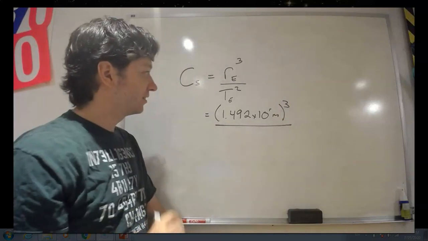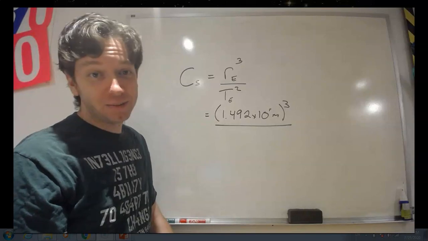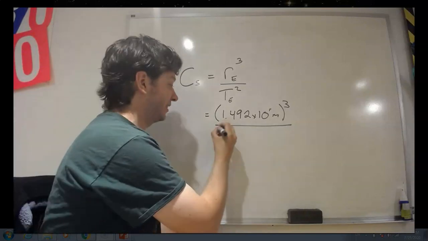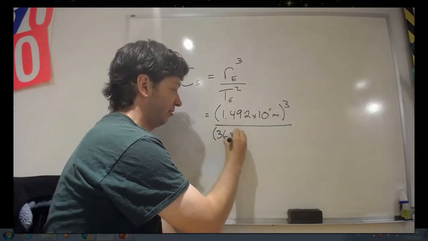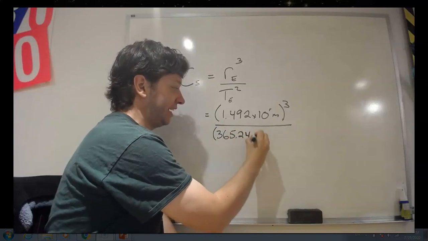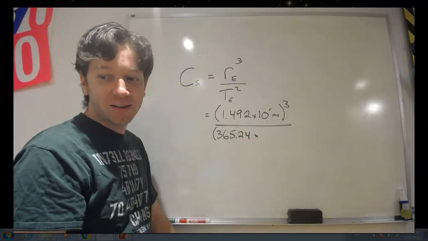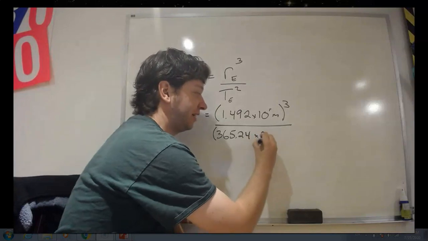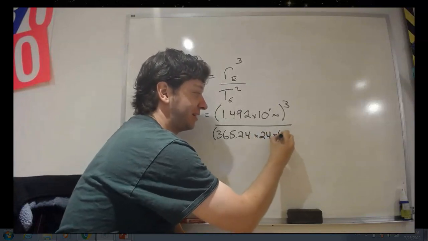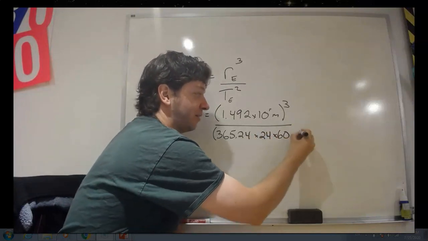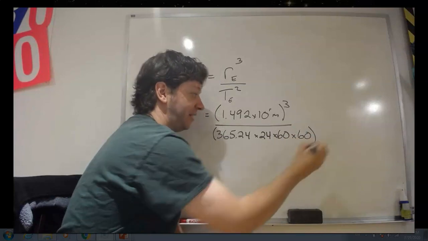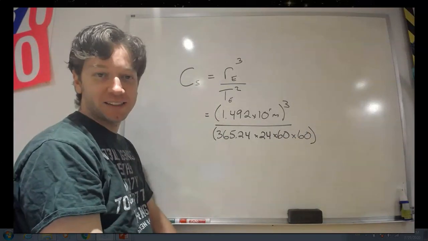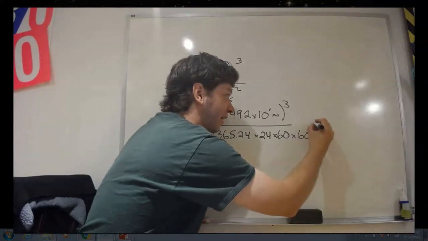It's going to get worse, because period, we need to be in seconds. So it's 365.24 days. We're going to multiply that by 24 hours in a day, multiply that by 60 minutes in an hour, multiply that by 60 seconds in a minute. That will give us how many seconds. But we also have to square it.